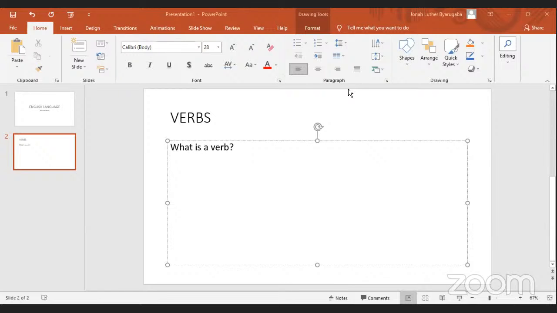A verb is a doing word. Very good. A verb is a doing word. Let me have Nasha. Nasha, do you have a different answer? My answer was almost the same as that given by Charlotte, which is a verb is a doing word. Yes.